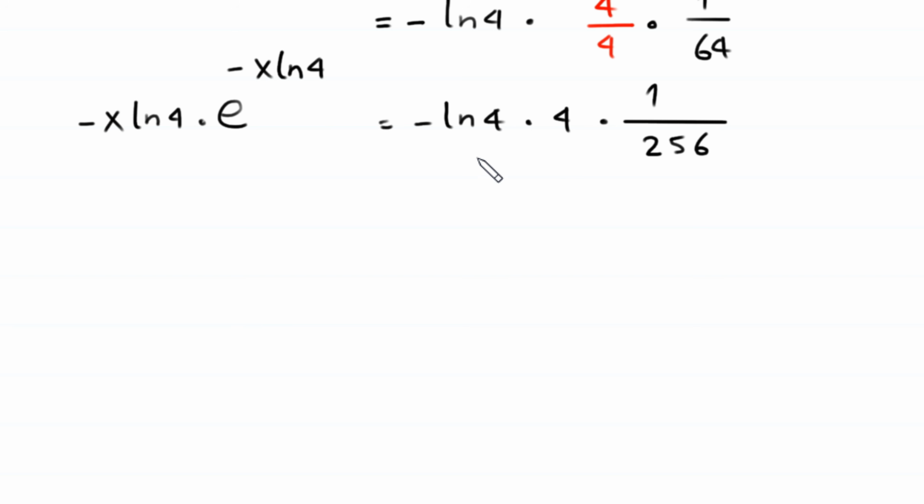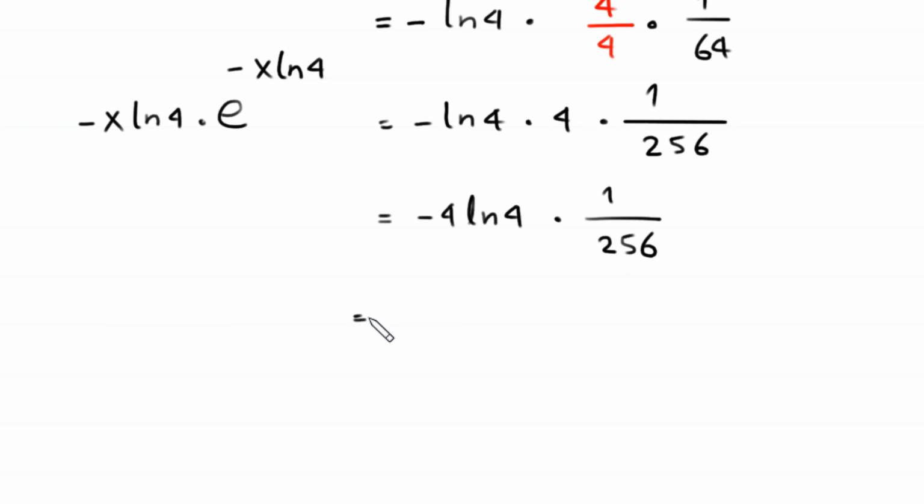Now we continue working on this right hand side. We can write negative ln of 4 times 4 as negative 4 times ln of 4 times this expression 1 over 256.